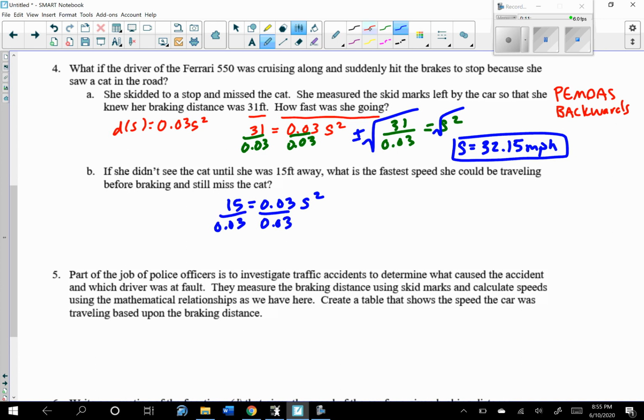And then, of course, we want to then after that take the square root of both sides. So we would get s is equal to the square root of 15 divided by 0.03. When you plug that into your calculator, you should get 22.36 miles per hour.